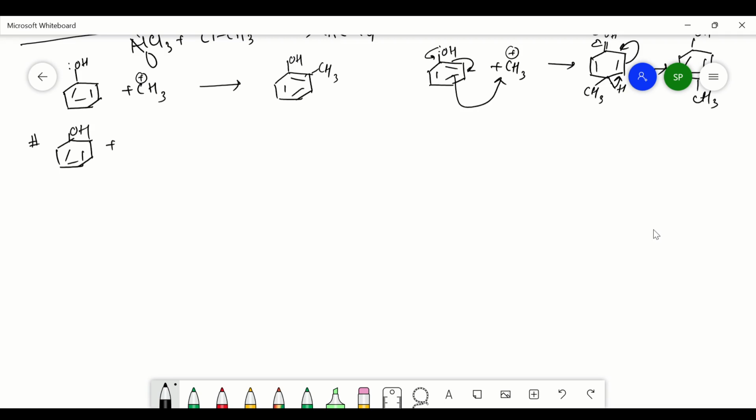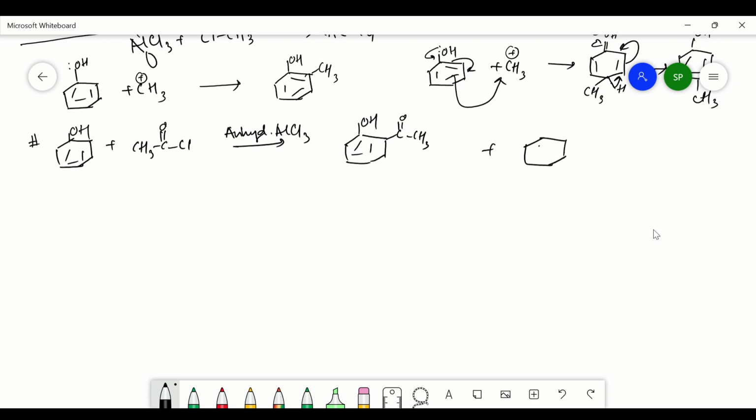Let us consider an acyl chloride like CH3COCl in presence of anhydrous AlCl3 to produce the ortho-substituted product and the para-substituted product. So the reaction is almost similar, but here the electrophile is different.